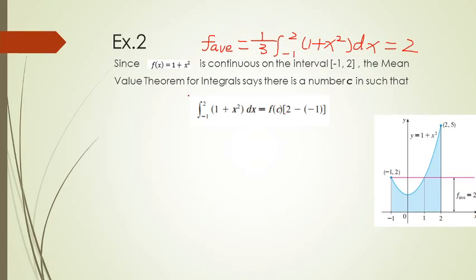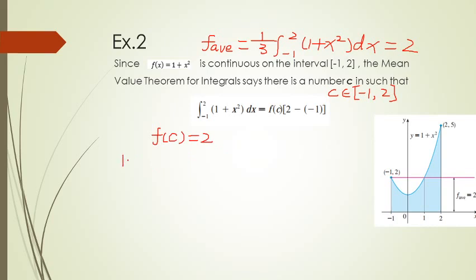So according to the mean value theorem for integrals, there exists a number c in the interval -1 to 2 such that f(c) equals 2, right?